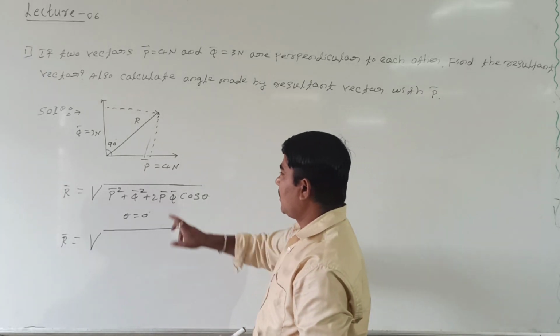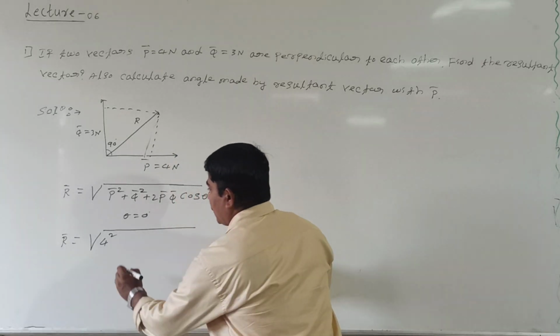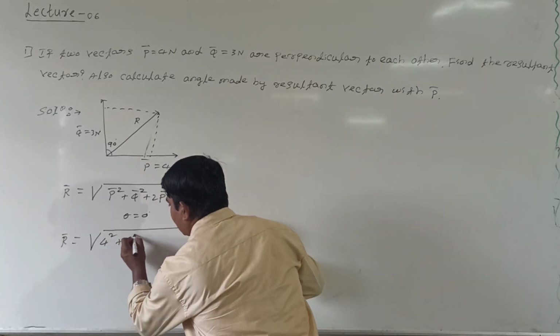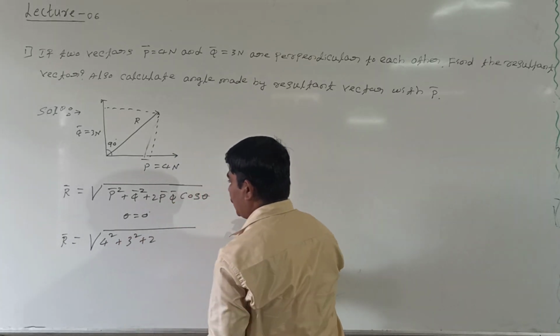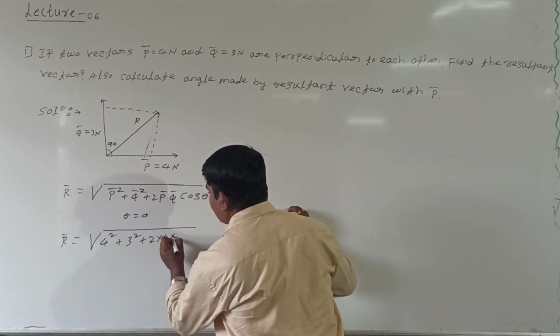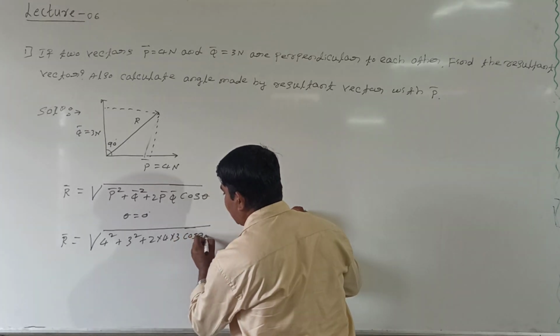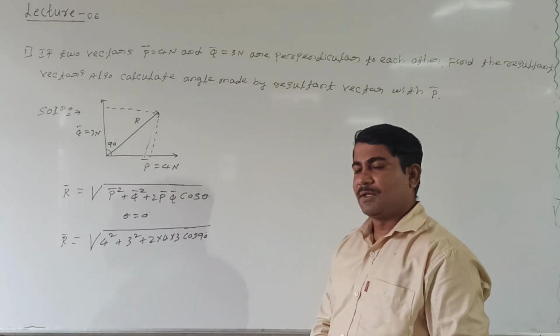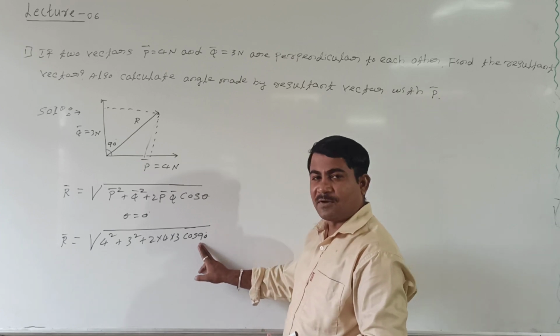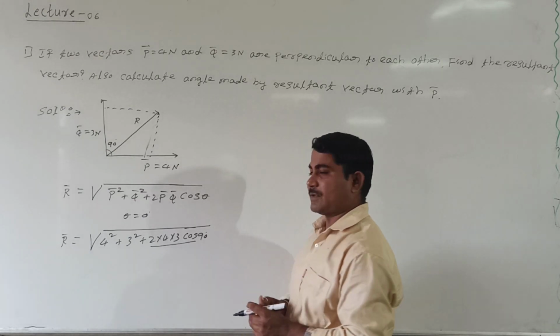P vector equal to 4 Newton, so 4 square, plus Q vector that is 3 Newton, 3 square, plus 2 into 4 into 3 into cos 90. Cos 90 is 0, so that term goes away.